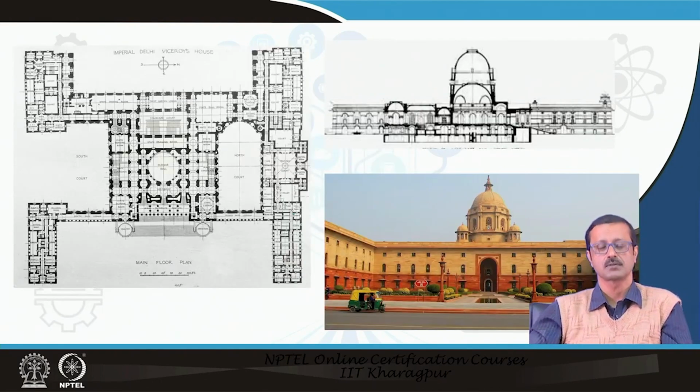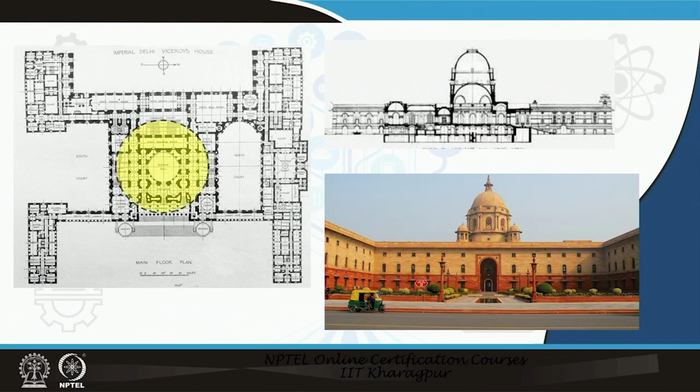If you see the Rashtrapati Bhavan, New Delhi, it has 2 domes, one which we can see from outside, and one which is invisible from outside. Of course, if you go to the Darbar Hall, you can see the ceiling of that particular dome. Now, if you see the plan, this is the footprint of the dome.